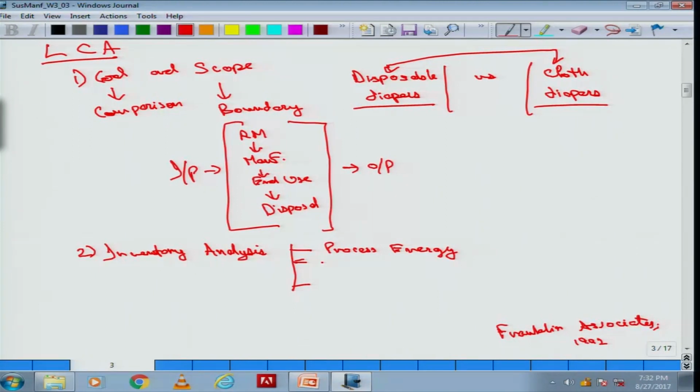Feedstock is the actual material that is present in a diaper, right? And then the pollutants that are produced. Right. So, this is actually the input here. Besides the inventory, we also have inputs and outputs here.